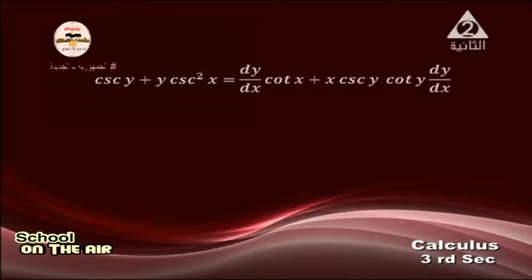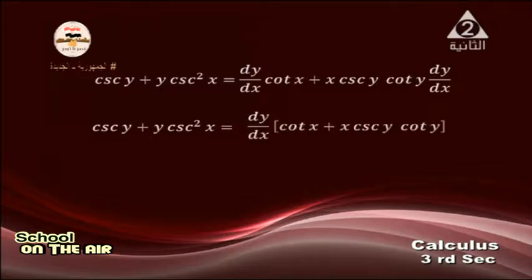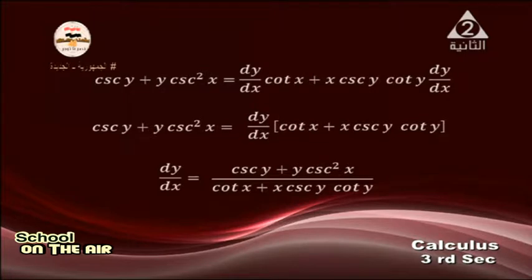We can take dy/dx as a common factor on the right hand side, multiplied by the brackets cotan x plus x cosec y cotan y. Now dy/dx equals cosec y plus y cosec²x over cotan x plus x cosec y cotan y, which is the derivative of the relation x cosec y equals y cotan x.